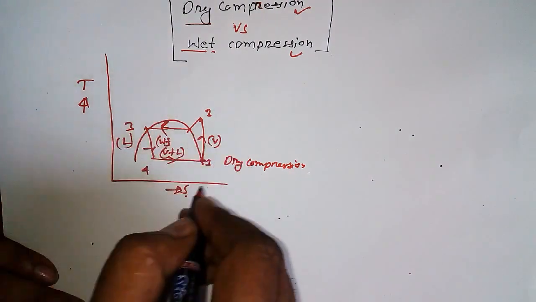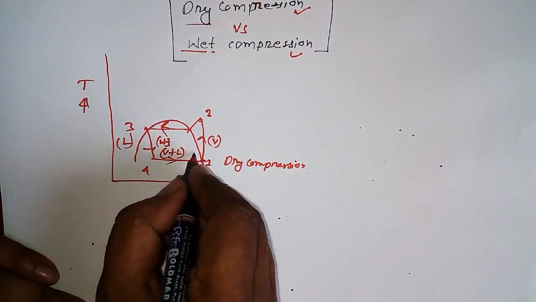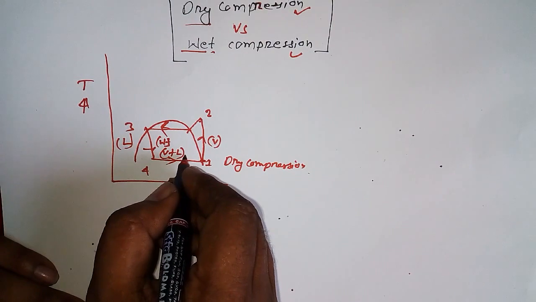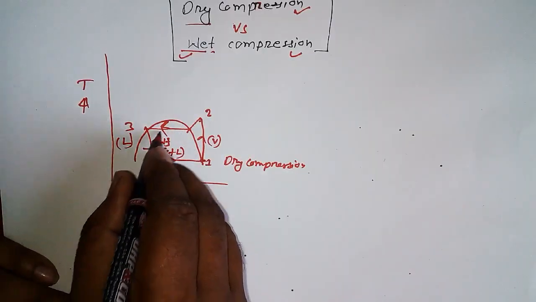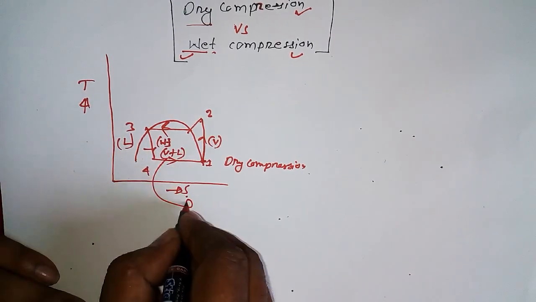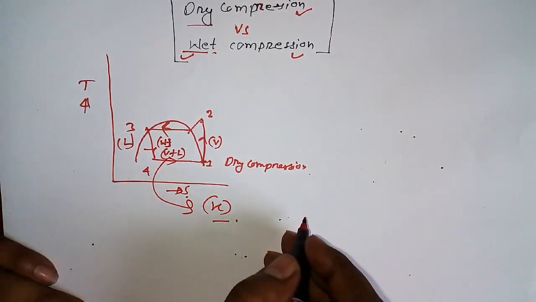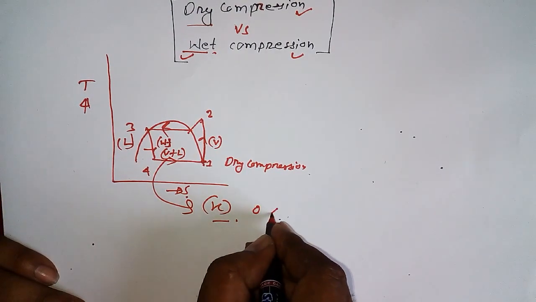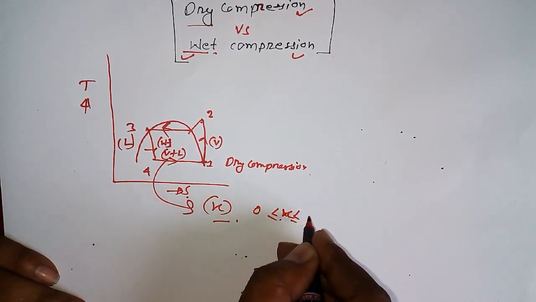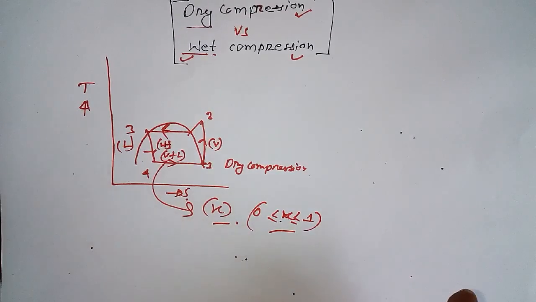And if compression starts from anywhere inside this region, it is known as wet compression, because we have wetness inside. That's why we consider X, the dryness fraction, which lies between 0 and 1. Maybe you have studied about it in 12th class.